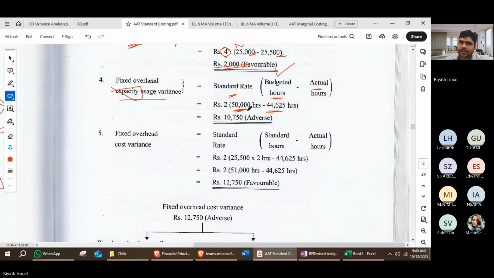These two are given. Actually, they have used 44. Therefore, they used fewer hours than allocated. So it is a cost to the firm, unused capacity of the firm. Therefore, it is adverse.